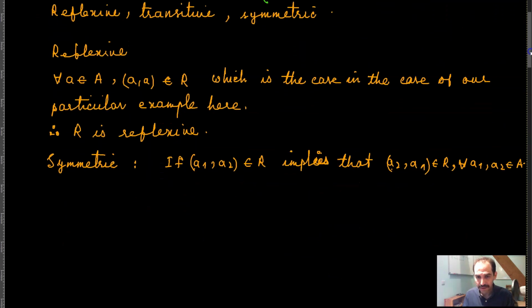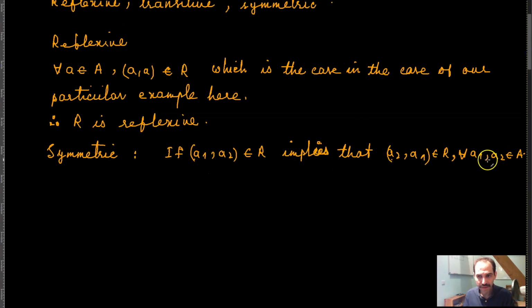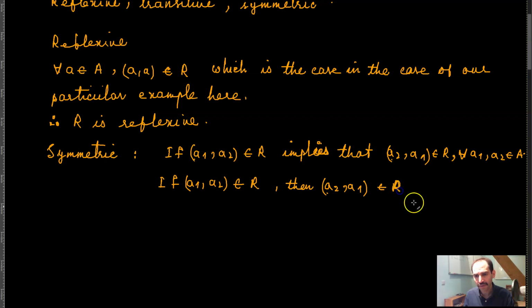So what that means is that when we say if this implies this one, you can rewrite the same statement: if A1 comma A2 belongs to R, then A2 comma A1 belongs to R, for all A1 and A2 belonging to A.